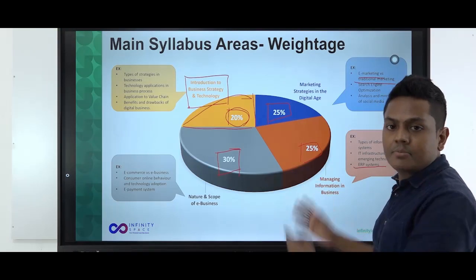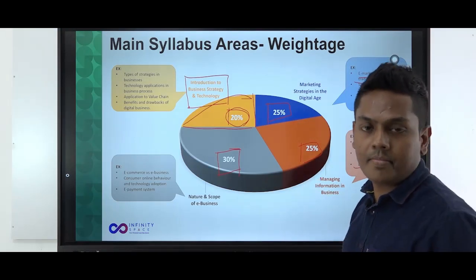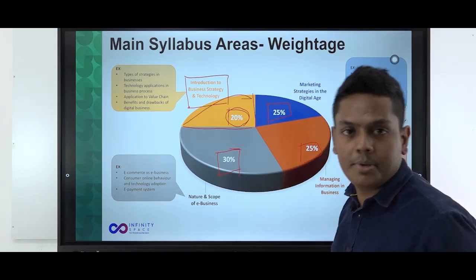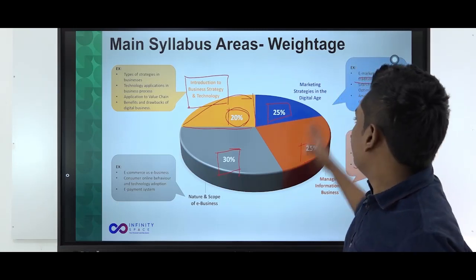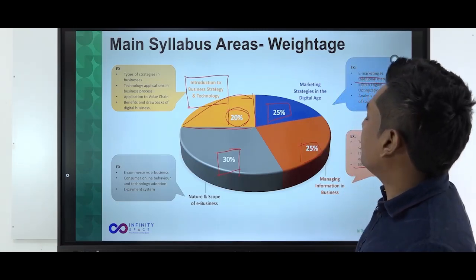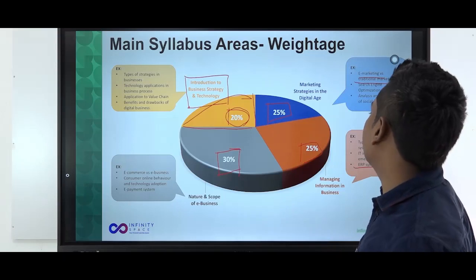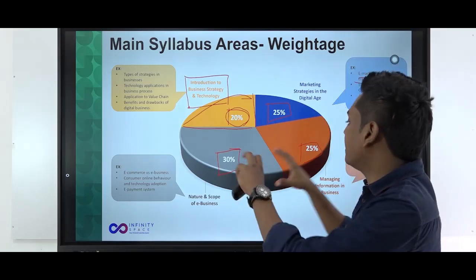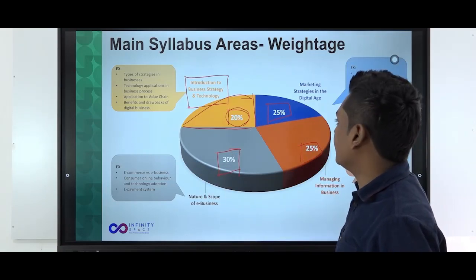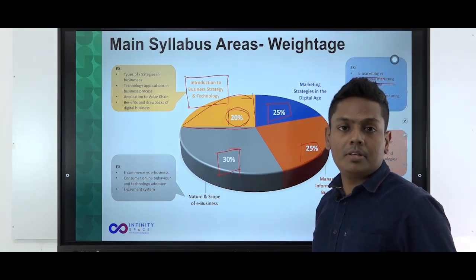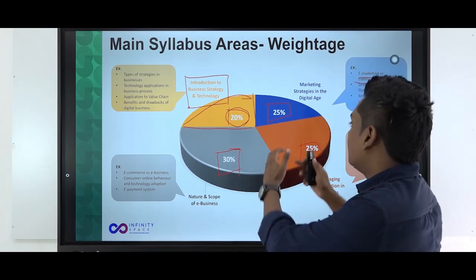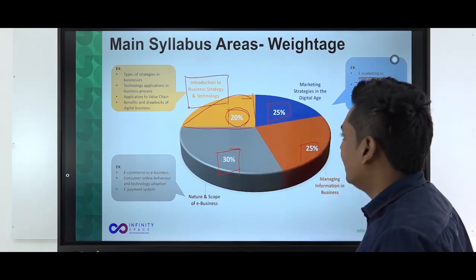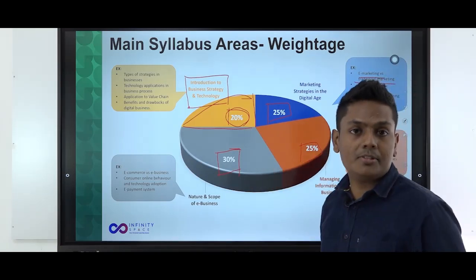So this is what you are going to learn from this BL8 paper. Right, here we covered the main syllabus areas, the weightage, how the syllabus is broken down into different areas. I think it's clear for you all what we are going to do with the initial understanding of this syllabus, right?